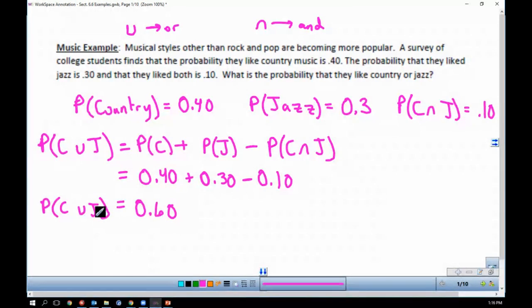If it doesn't, then that means... Yes. This number.